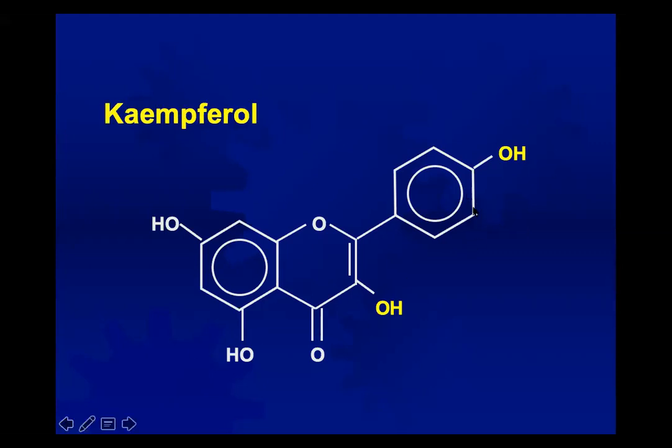You see kaempferol has no hydroxyl group in the B ring at 5 prime. Then quercetin and myricetin contain one more hydroxyl group at the 3 prime. So myricetin contains 3 hydroxyl groups, quercetin contains 2 hydroxyl groups, and kaempferol only 1. So these 3 structures are very easy to memorize: kaempferol, quercetin, and myricetin.